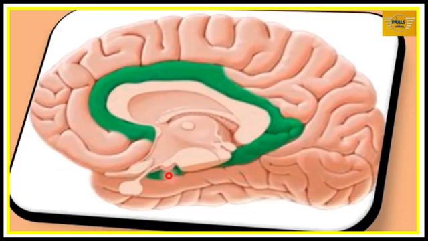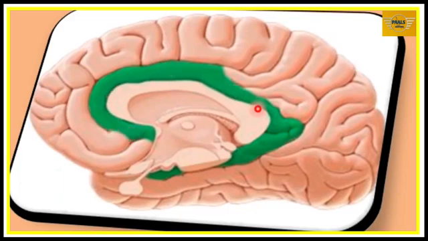Now, this region is made up of four main parts and then two additional smaller parts. So we can say it has four parts. What are those parts? We have the part of cerebral cortex above the corpus callosum, which we call the cingulate gyrus.